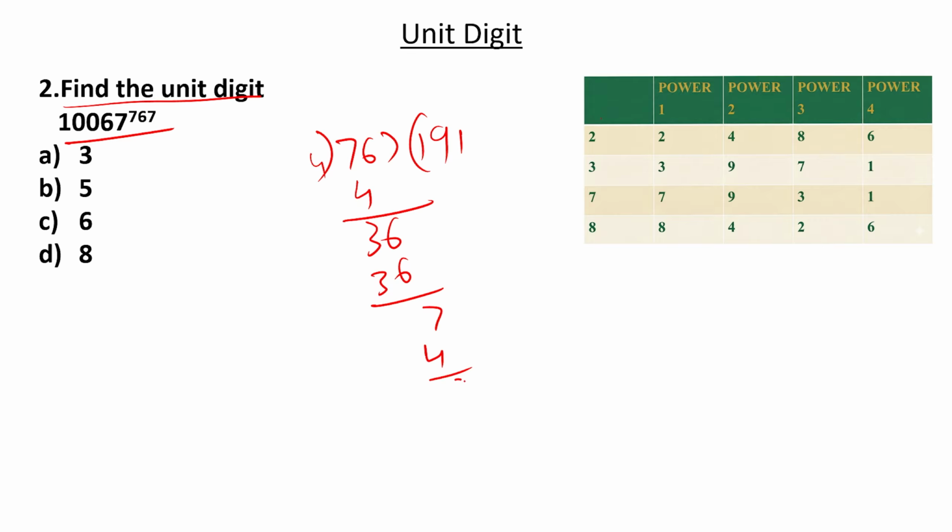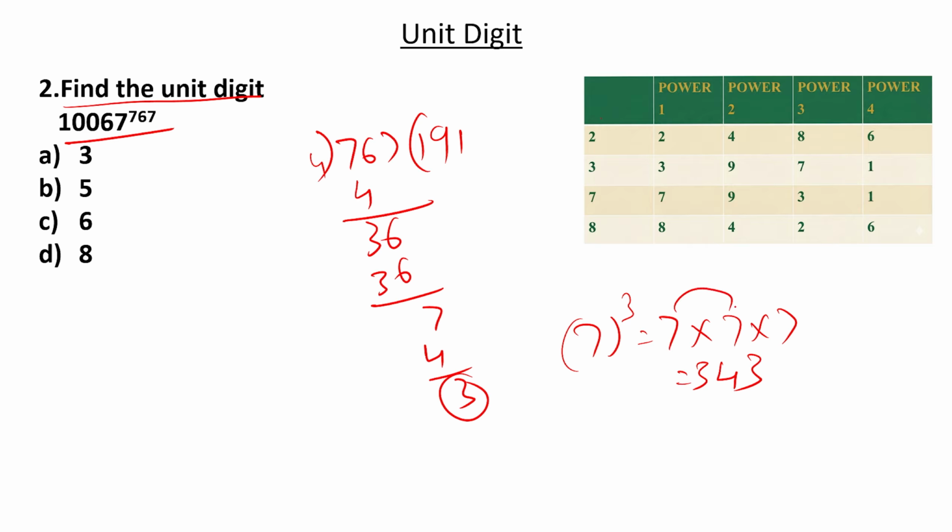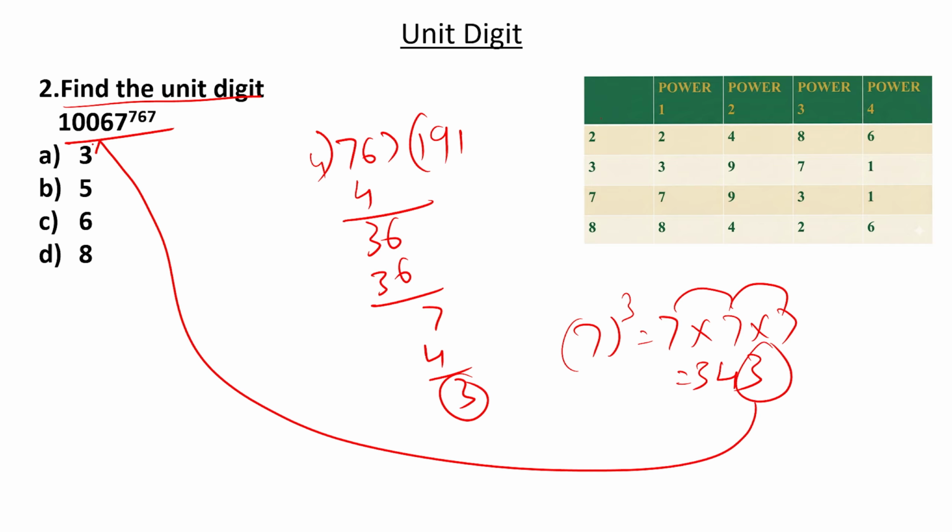We'll get the remainder 3 here. 7 power 3 is equal to 7 into 7 into 7, which is 343. 7 7s are 49, 49 7s are 343, and 3 is our unit digit, the units place. You understand it, right?